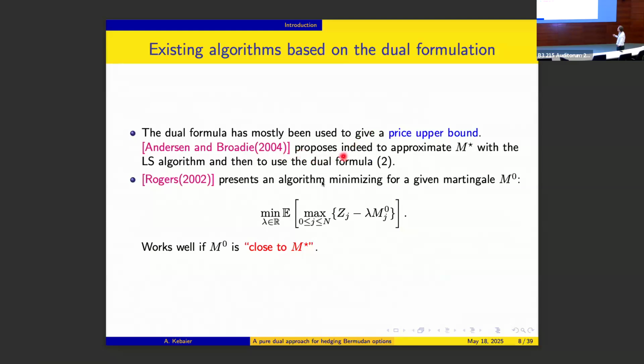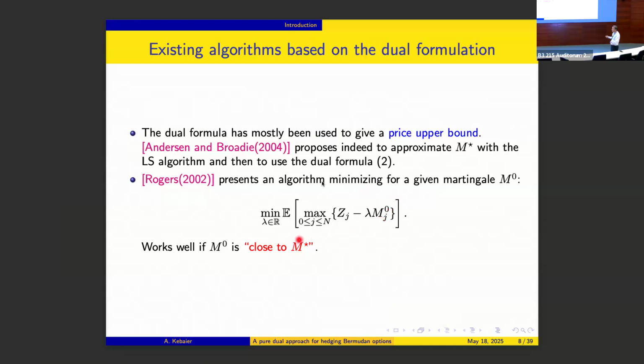They approximate M star with the Longstaff-Schwartz algorithm first, and then use it in the second step in the dual formula. So they have a guess for M star and then plug it in and have the dual price. Rogers himself presented a different algorithm. He wanted to minimize this.